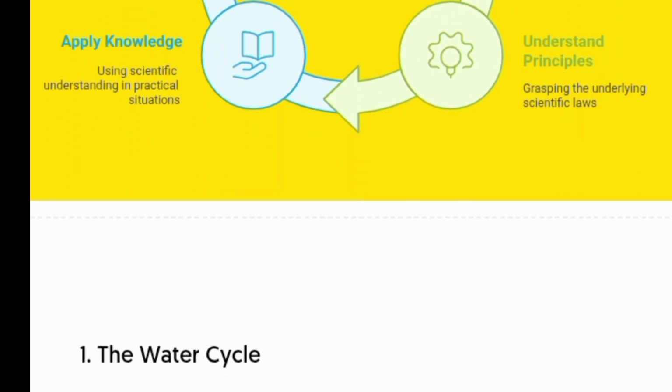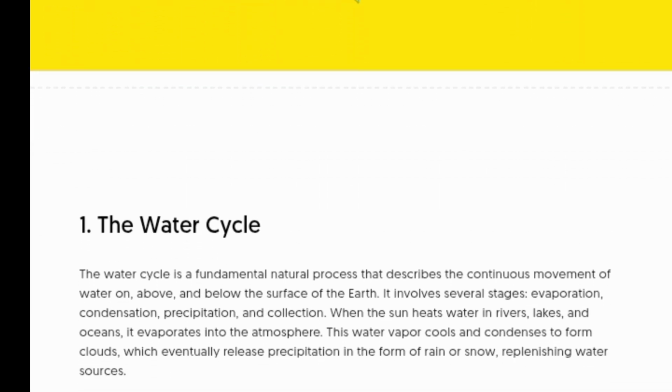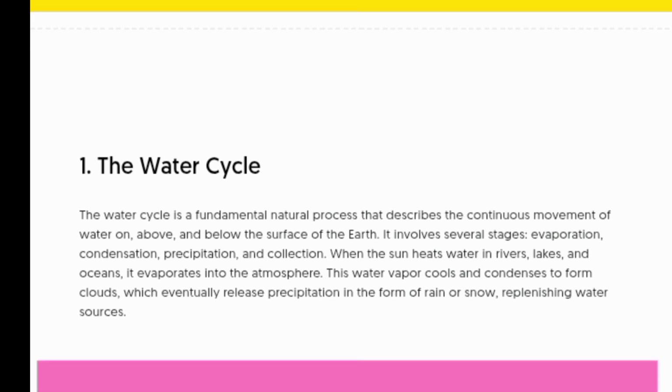First phenomena is the water cycle. The water cycle is the fundamental natural process that describes the continuous movement of water on, above, and below the surface of the earth. It involves several stages: evaporation, condensation, precipitation, and collection.